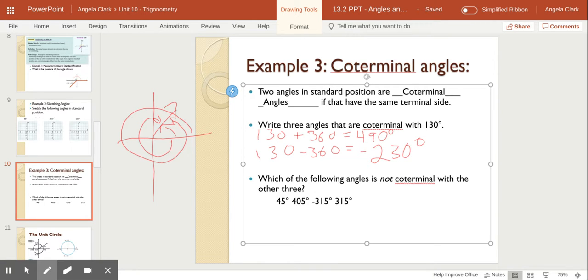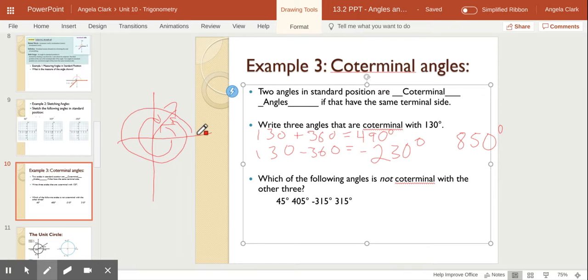So I'm just going to do 490 plus 360 to find my third angle. 850 is also coterminal.